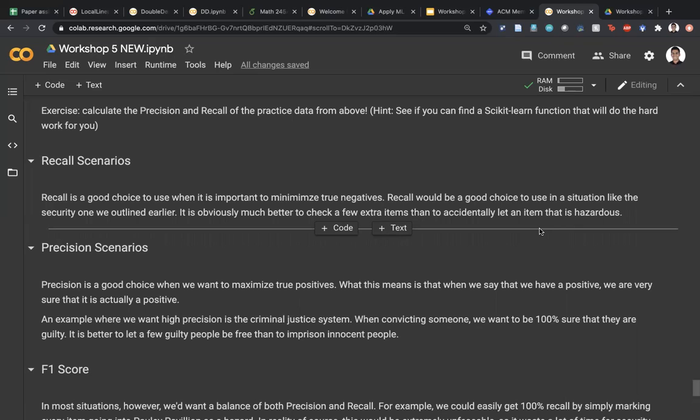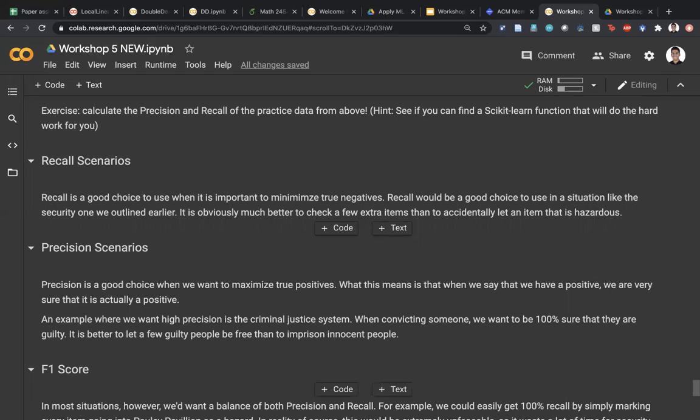That means that if we throw out a few things that are good on accident because we're being super strict about what we're letting in, that's totally okay. So with a recall, we're kind of erring on the side of caution of what exactly we let into Polypavilion.